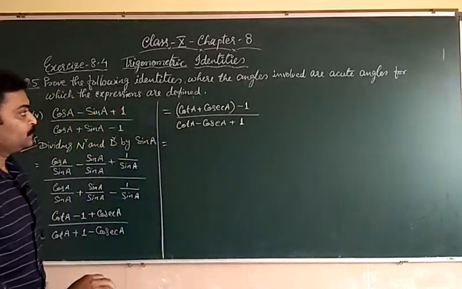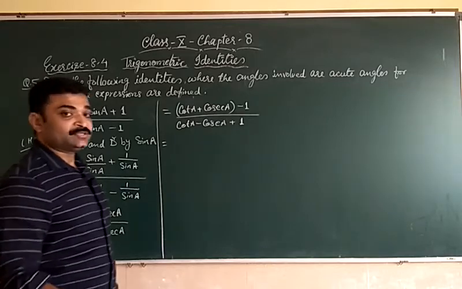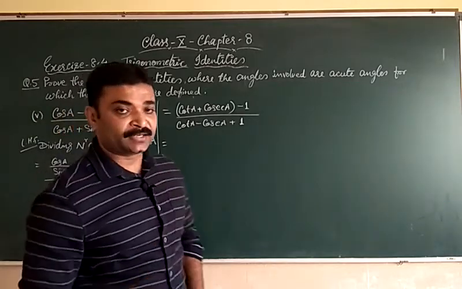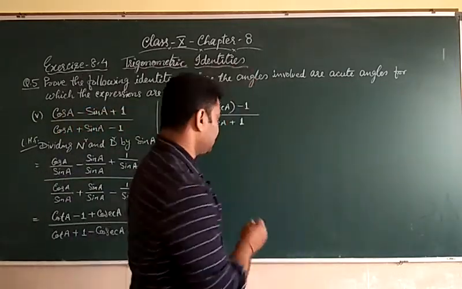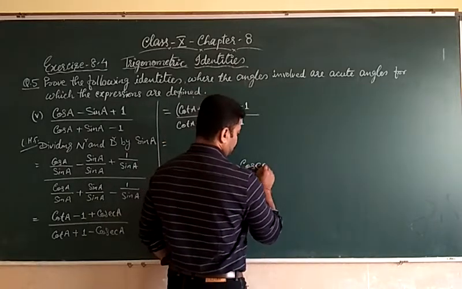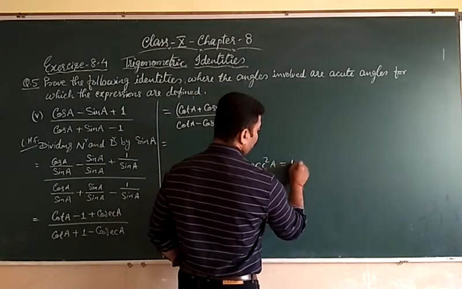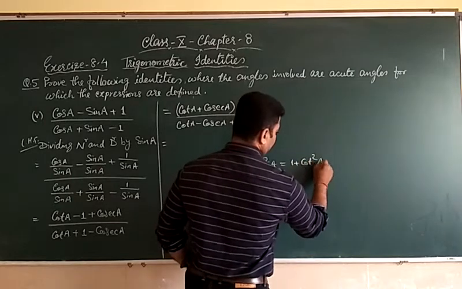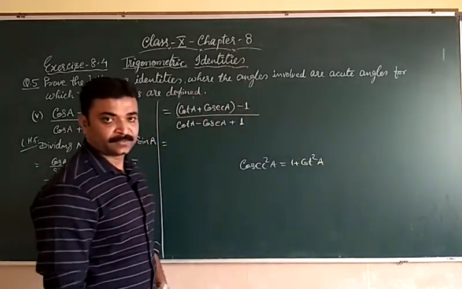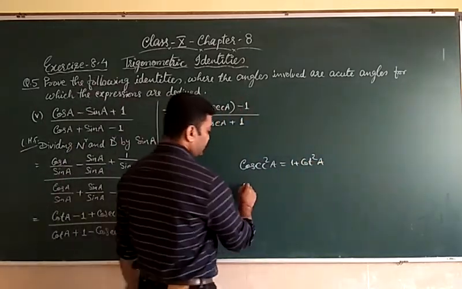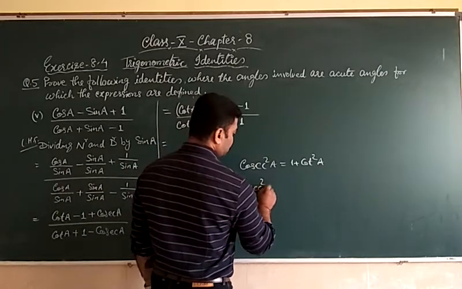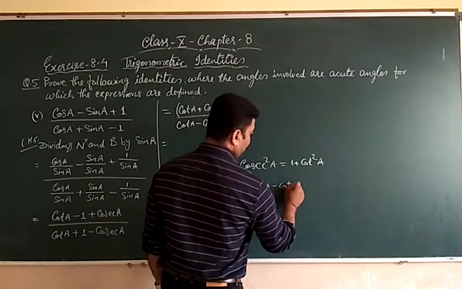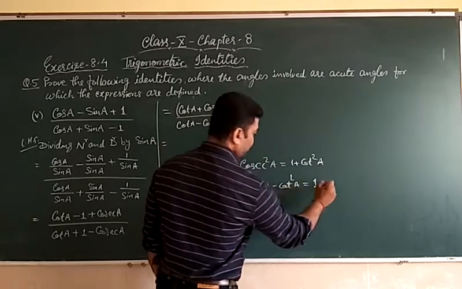Now students, we have the identity that cosec square A is equal to 1 plus cot square A. Clear? So from here we can write cosec square A minus cot square A is equal to 1.